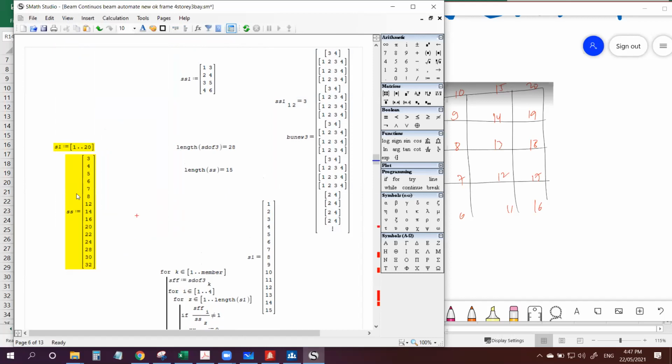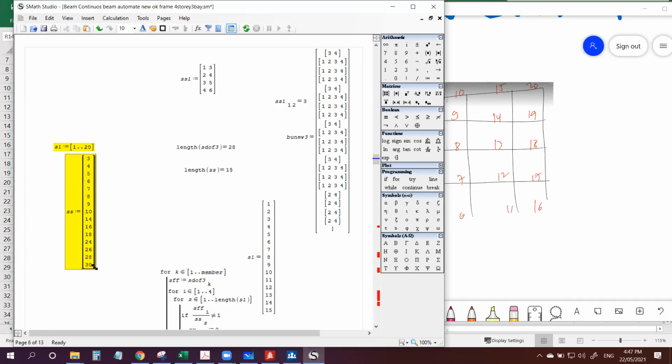So 3, 4, 5, 6, 7, 8, 9, 10. This will be 9, 10. Then 14, 16, 18, 24, 26, 28. Then 30.